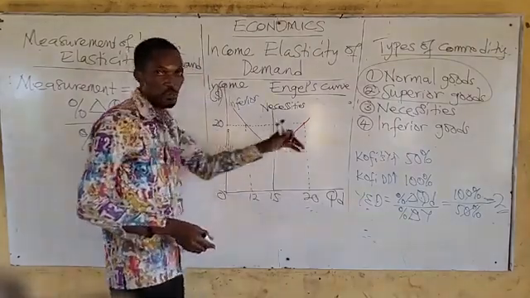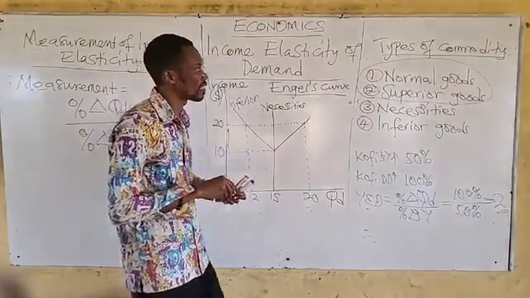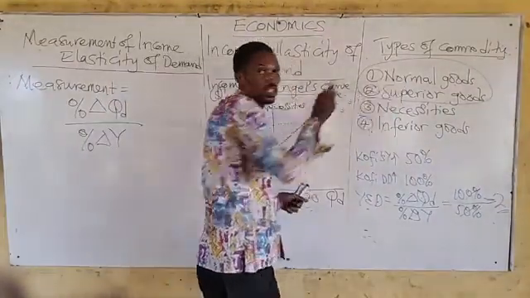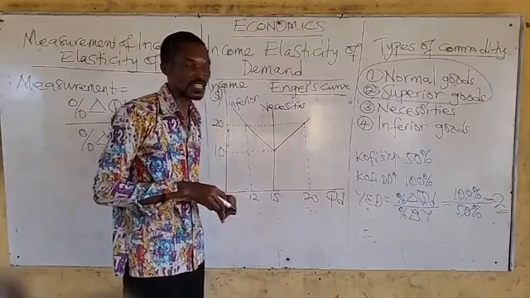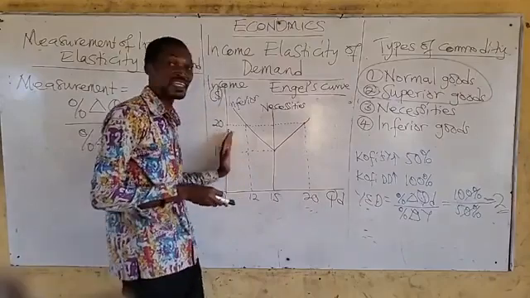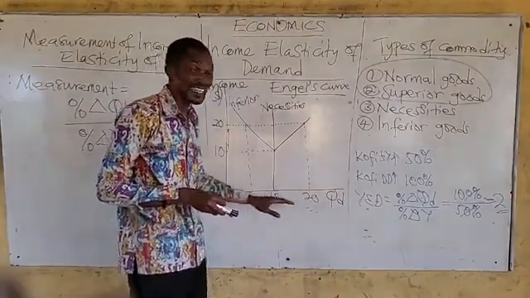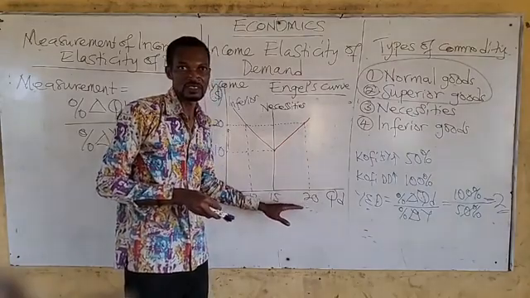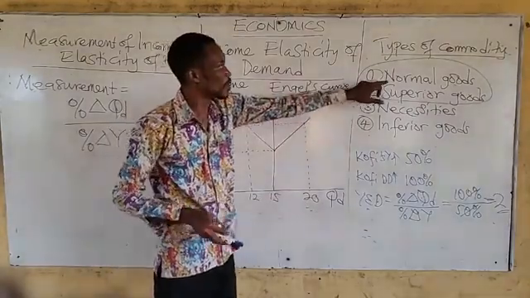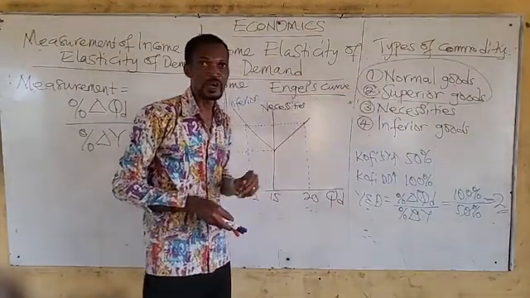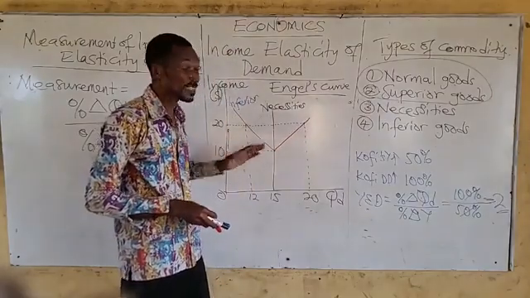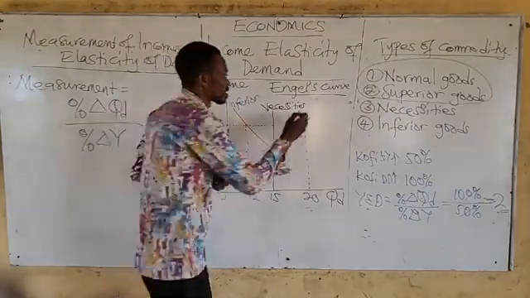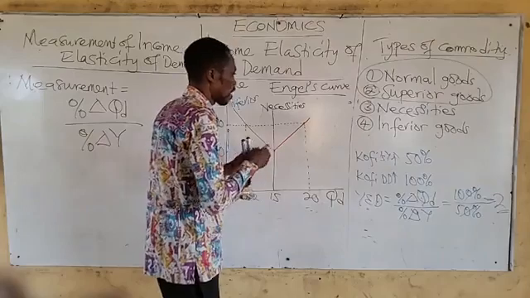And what type of commodity would that be? It will be either the normal commodity or the superior commodity, where we say that when the income increases, it results in an increase in the demand for that commodity. For the SHS student, this is a normal commodity.